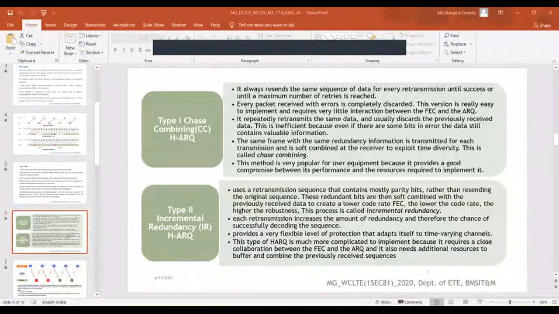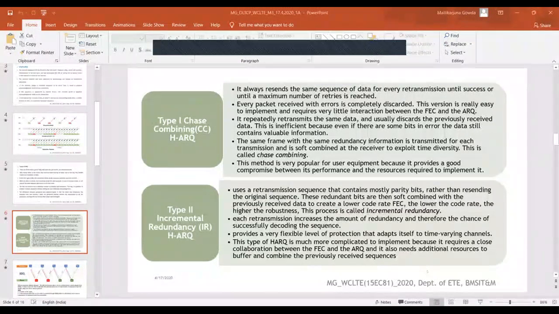These redundant bits are soft combined with the previously received data to create a lower code rate of FEC. As we know, the lower the code rate, the more robust it is. So this process is known as incremental redundancy.